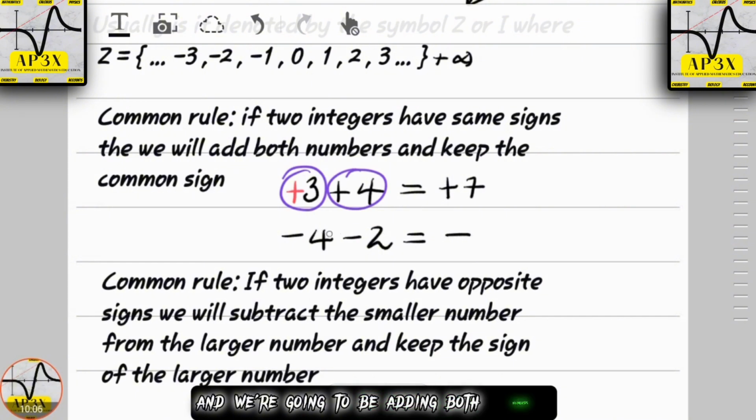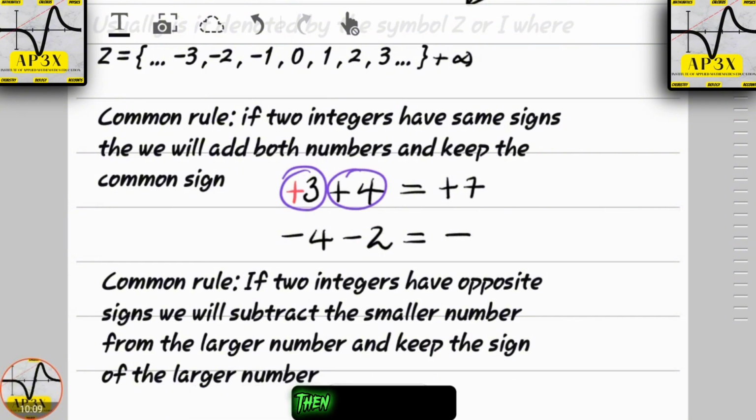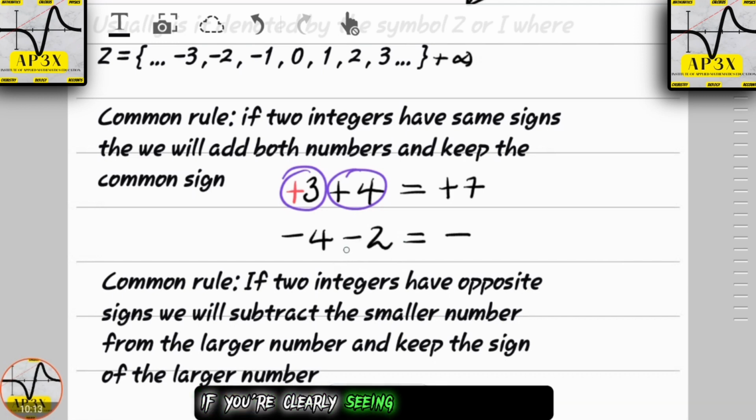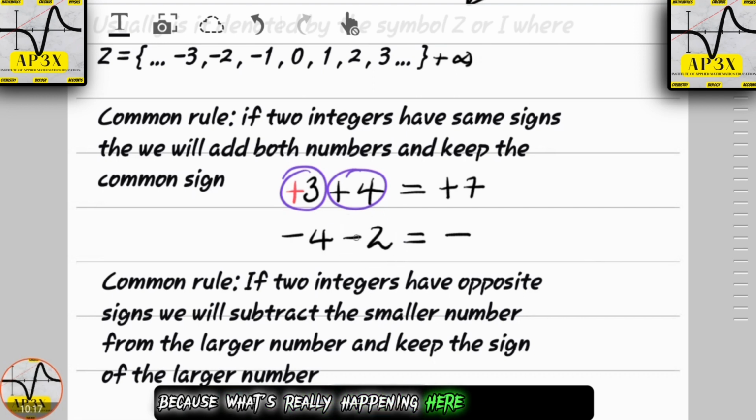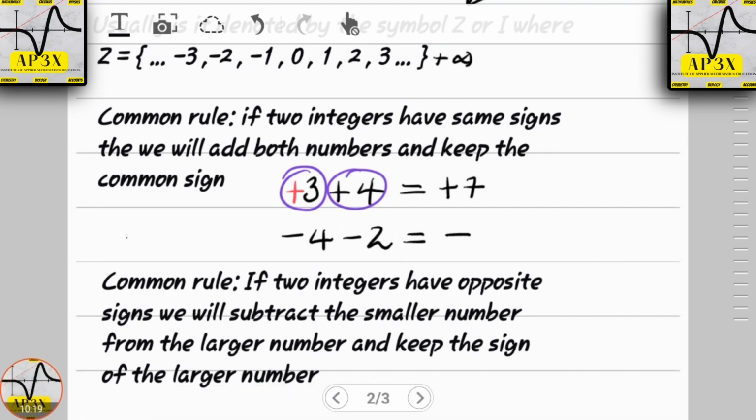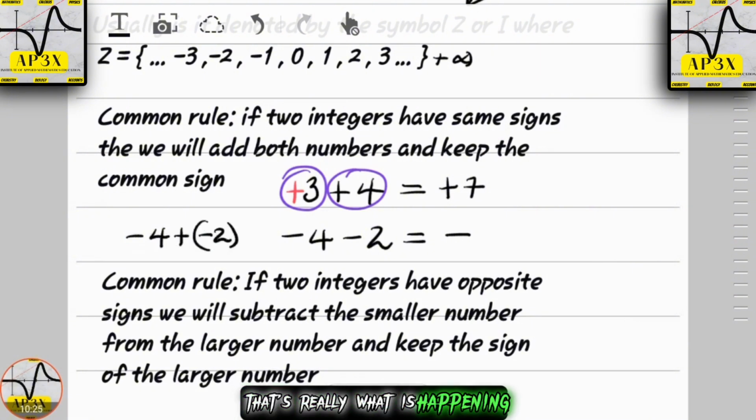Then you might ask, why are you adding if you're clearly seeing a subtraction sign? Because what's really happening here is that we are adding -4 to -2. That's really what is happening.